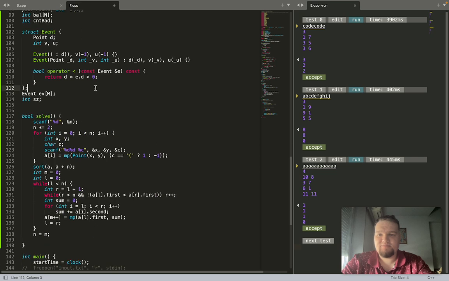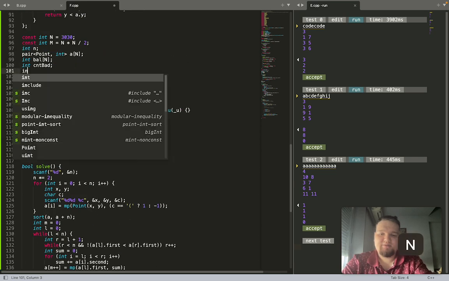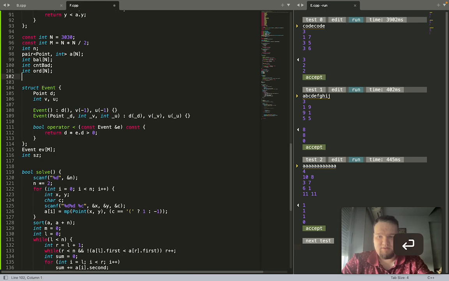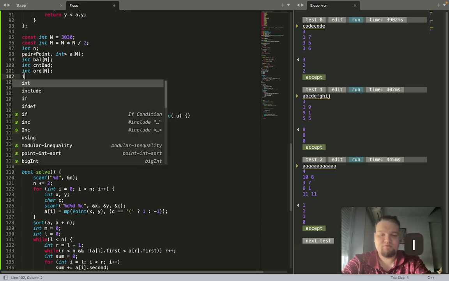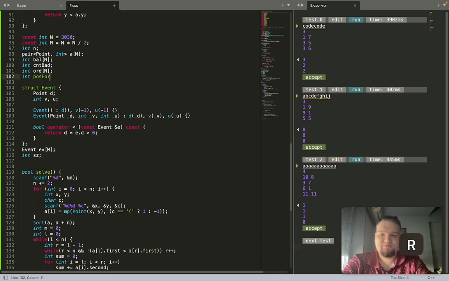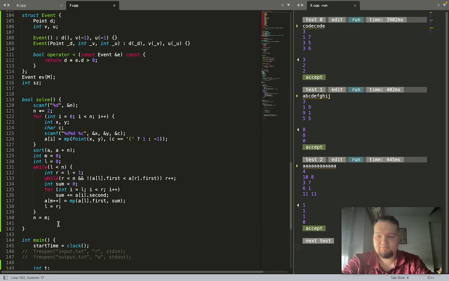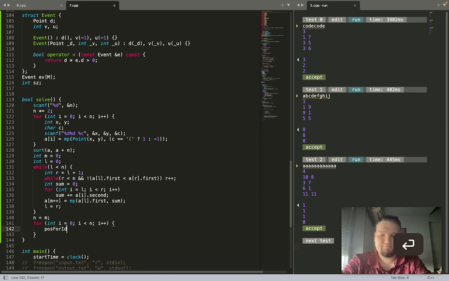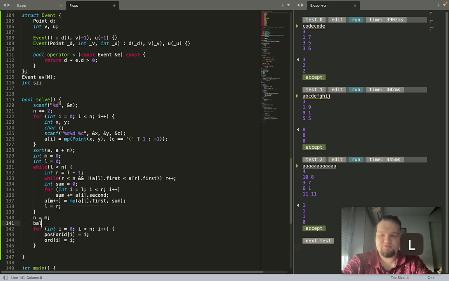Okay, so now the points are here. To store the order, I need to store the inverse permutation. How would they call it? Pos for ID. I also should calculate the balances. Why not now?